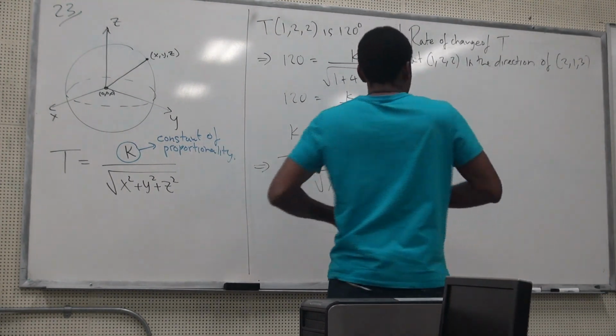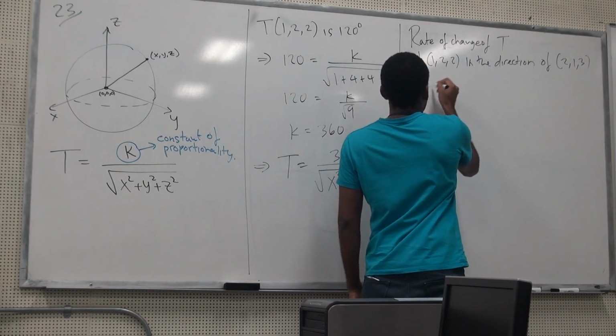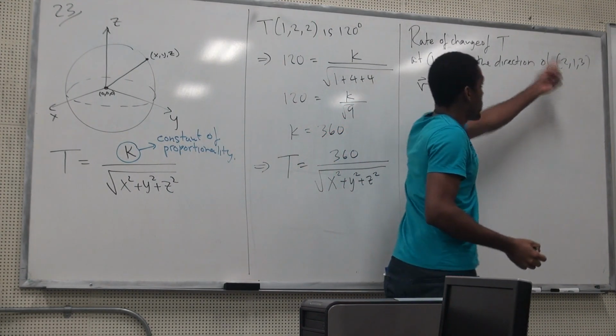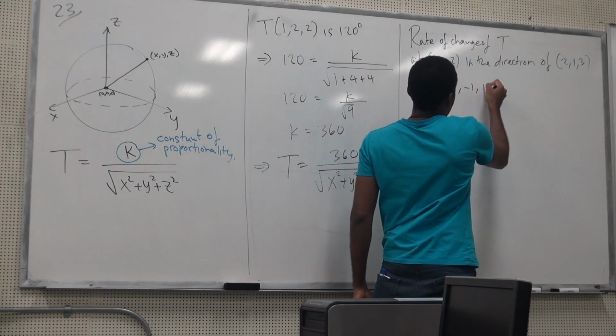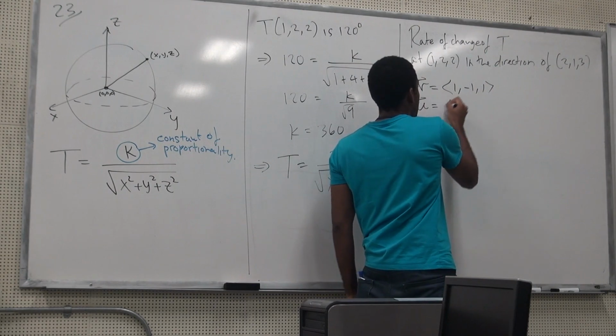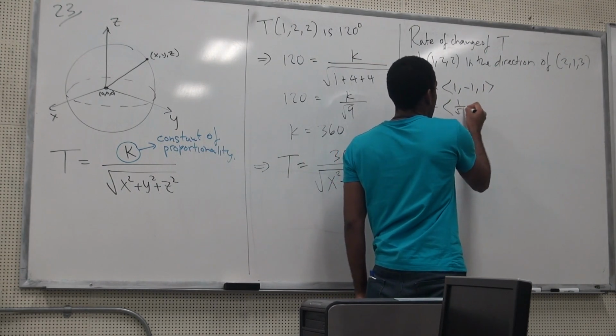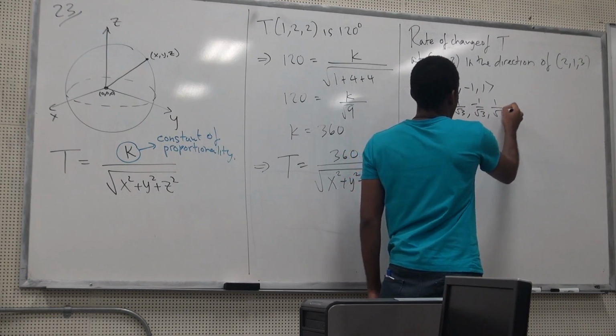How do you find that? Just find the vector, final minus initial. You do 1 comma negative 1 comma 1. And you just find the unit vector. So it's 1 over radical 3, negative 1 over radical 3, 1 over radical 3.